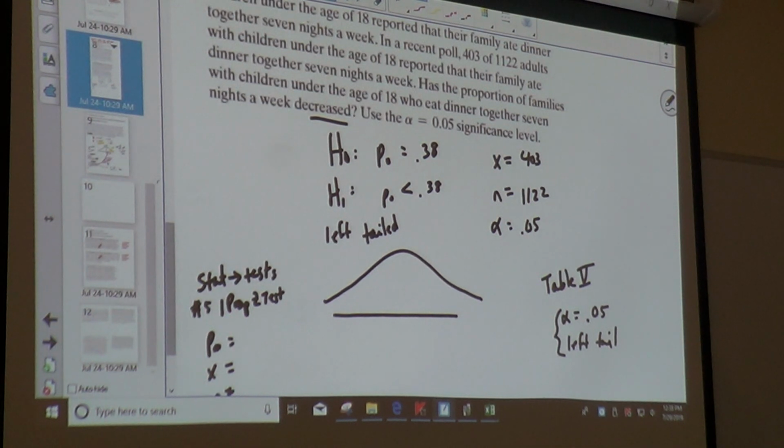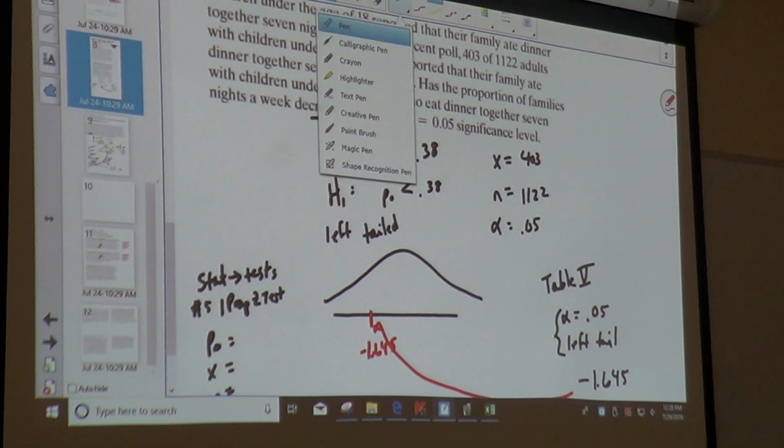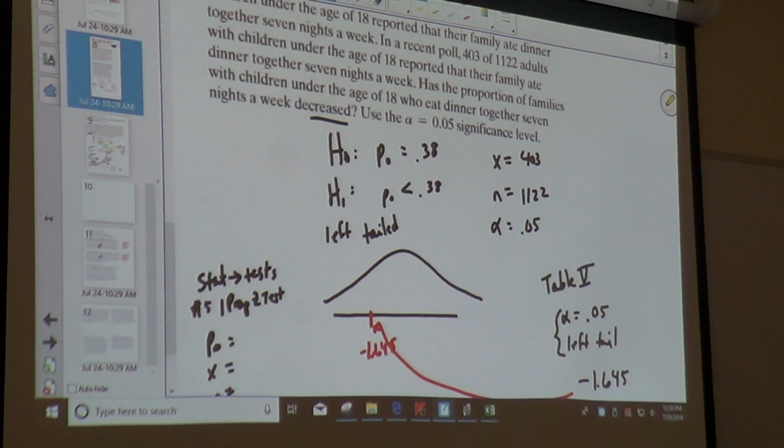What am I going to use? Negative 1.645. So negative 1.645 is what I'm going to put here, and it is left tail. So this is going to be my reject, and this is going to be my no reject.